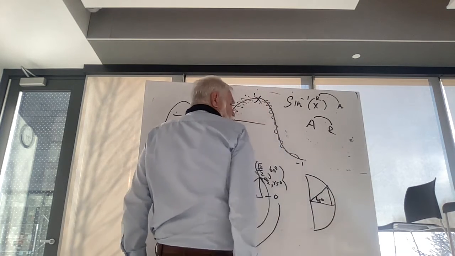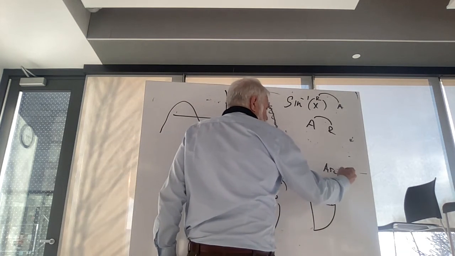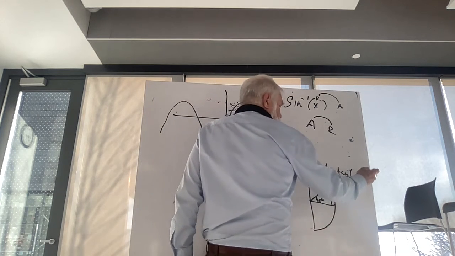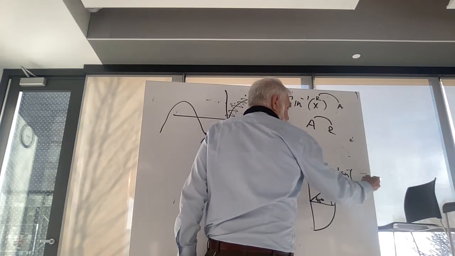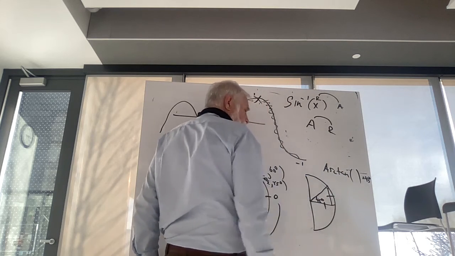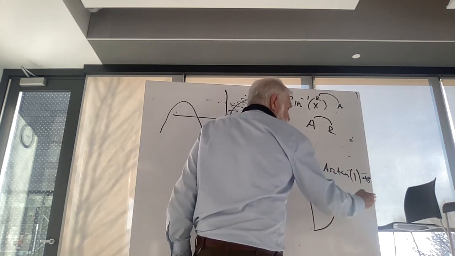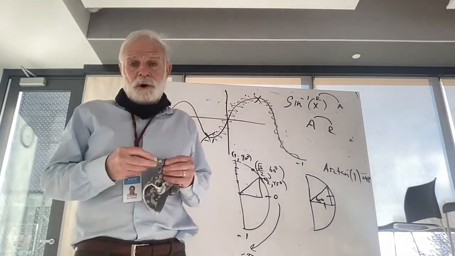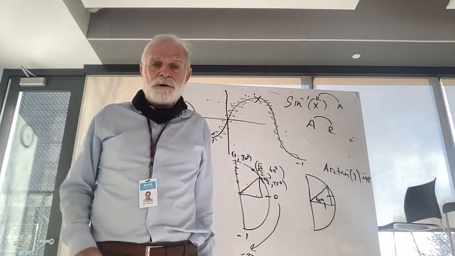You might see arctan of what number gives us 45 degrees as an answer. Well, tangent is height over width. It's got to be the same. So the arctan of 1 would have given us 45 degrees. 45 degrees gets you 1, so the inverse of that 1 gets you 45.